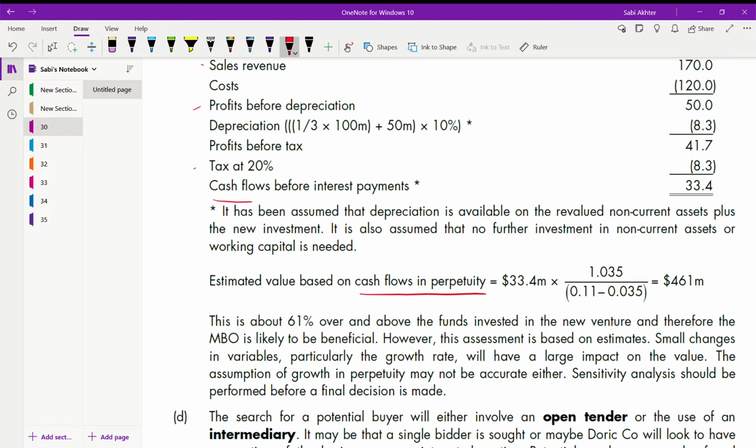One of these two methods will be applicable in this. So you always have to see which method is applicable to your case study and use that method. Thus it is free cash flow, right? This is how they have valued, the formula they have used: this over your cost of equity or WACC deducted by your growth rate, and you got 461.